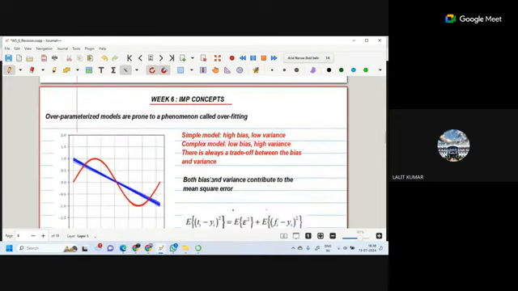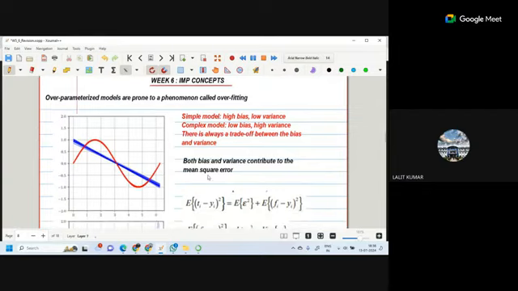So the professor has covered in the lecture how we started. If we have a simple model, for example on the screen, on the left side, this red curve might be the true function from where the data set is coming. And the blue is our model, and we can see that it is a simple, linear model.